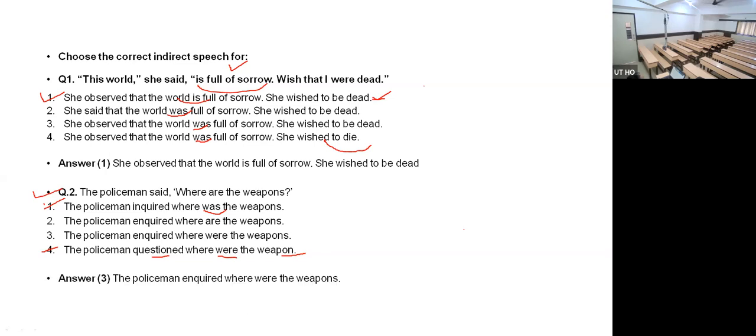So we would preferably go with the "are" converted to past. Remember, when we are changing into indirect speech, we would take the past tense of the verb. Present perfect becomes past perfect. So "where were the weapons?" Got it? Let's look at another question.